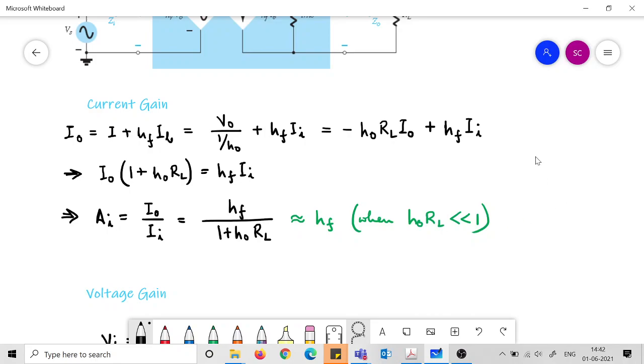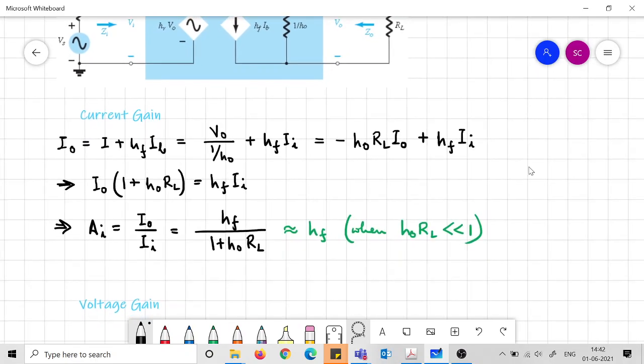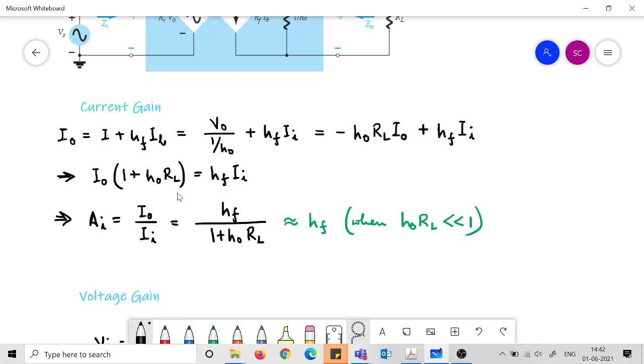Now I don't know whether you would like to remember the formula or solve for it. It is up to you. But it is quite easy to solve. So HF by 1 plus HO RL, and in most cases you can simply treat it as HF when HO RL is much less than 1, because I have already told you HO is quite small.